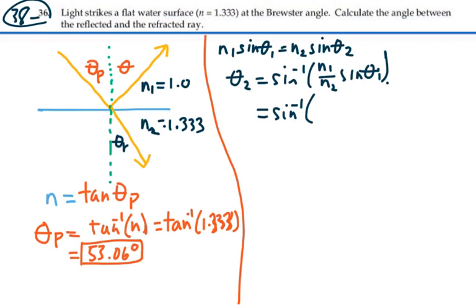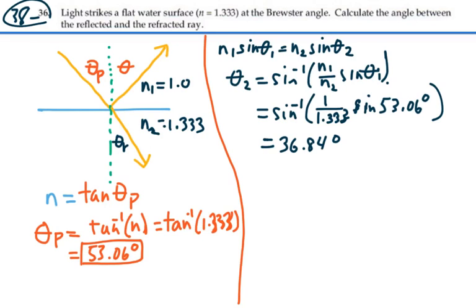So we're going to have 1 over 1.333 times sine of 53.06 degrees, and what does this give us? 36.84 degrees. So that's theta 2. So we got this angle and this angle.